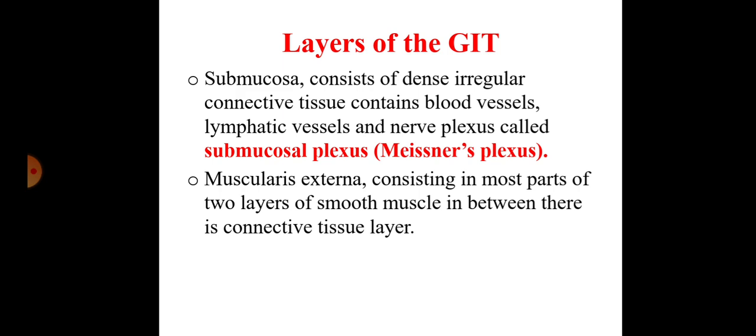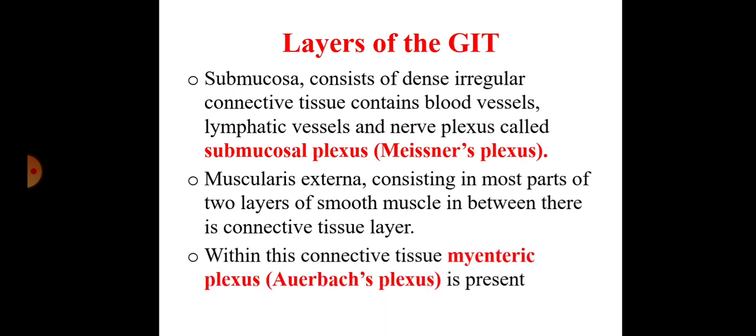Between these two layers are located connective tissue and a nerve plexus known as Enteric plexus or Auerbach plexus. Auerbach plexus or Enteric plexus is located in the muscularis layer. Submucosal plexus or Meissner plexus is located in the submucosa.